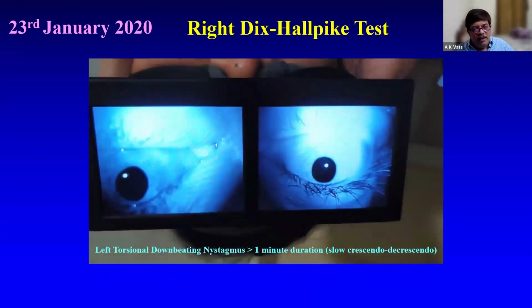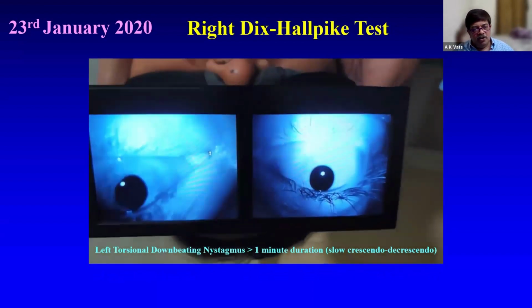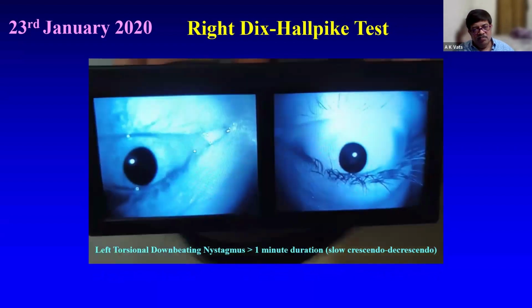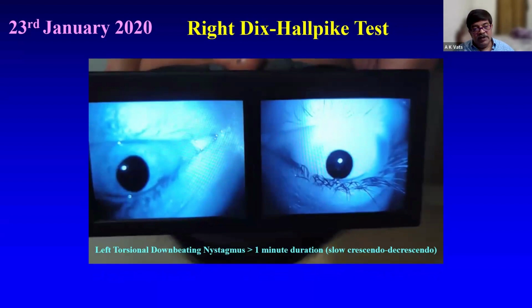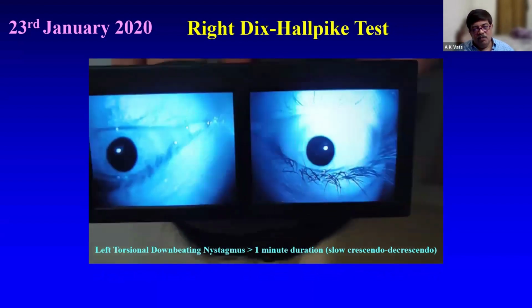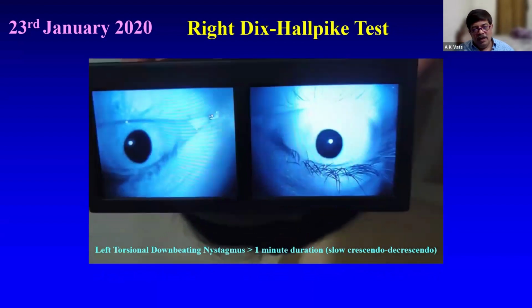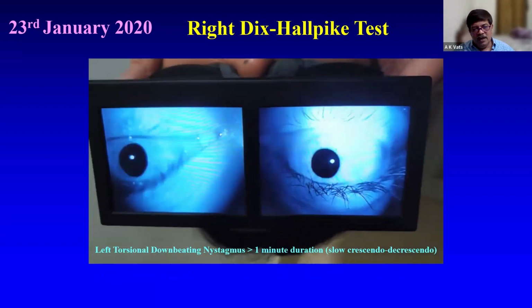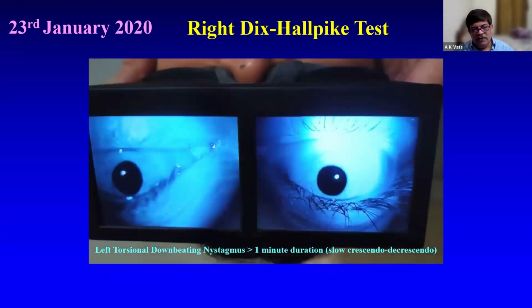In the right Dix-Hallpike, the torsional component is towards the left. And it is a persistent nystagmus. That is, it lasted for more than a minute. I kept her in this position for around 2 minutes, and it was unfatiguing.